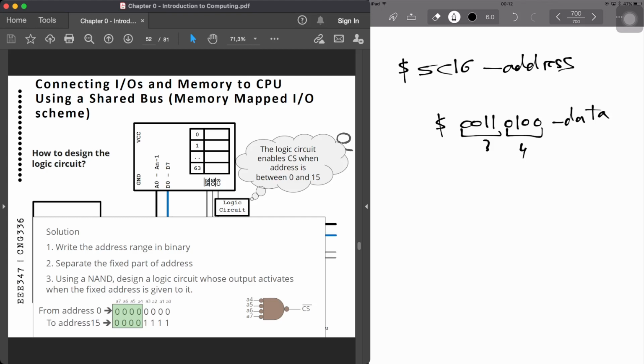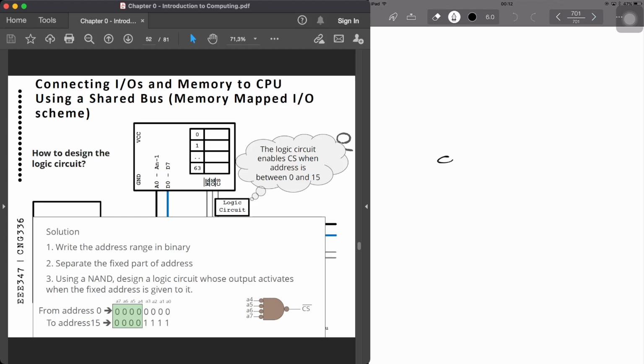So in order to activate it, all zeros are fed into the NAND gate, and they are inverted to become 1.